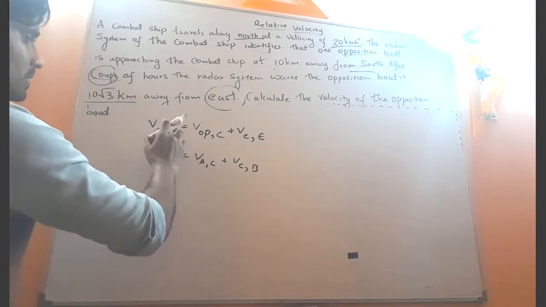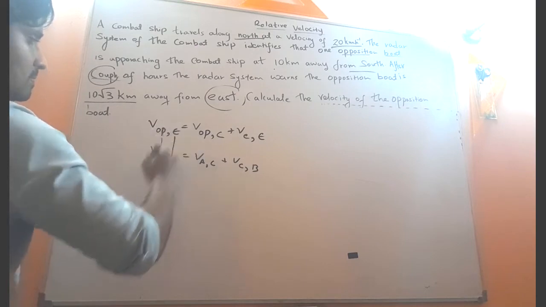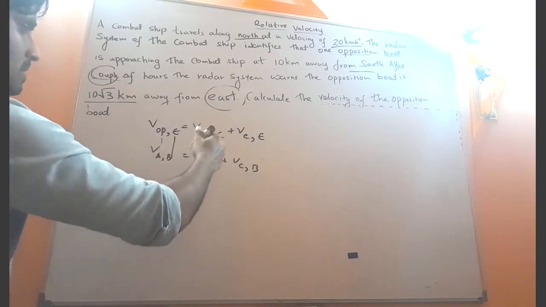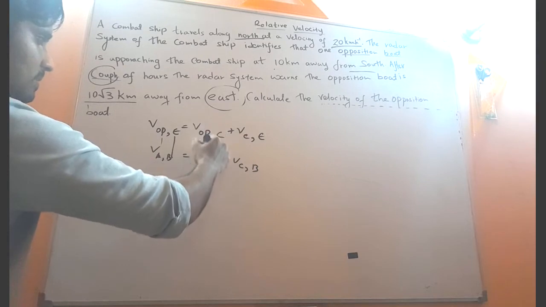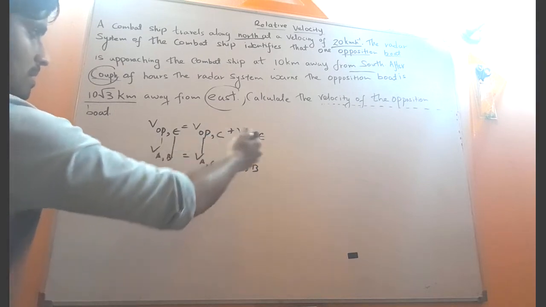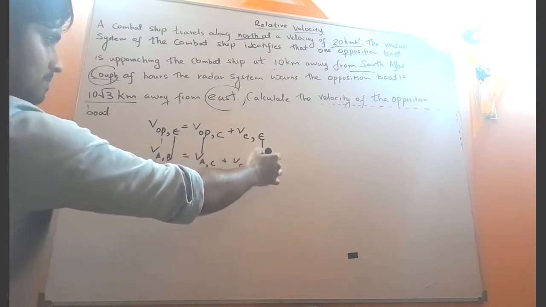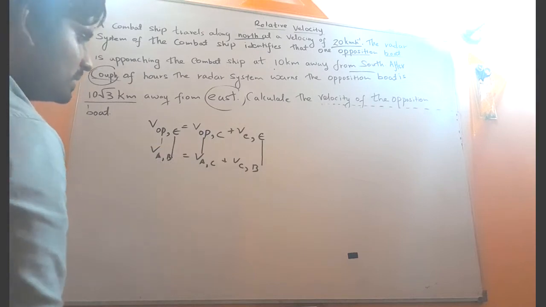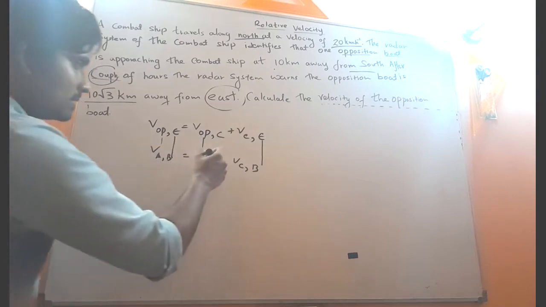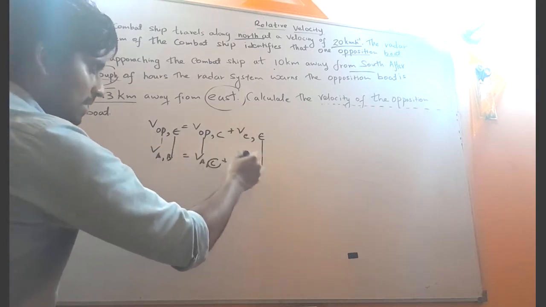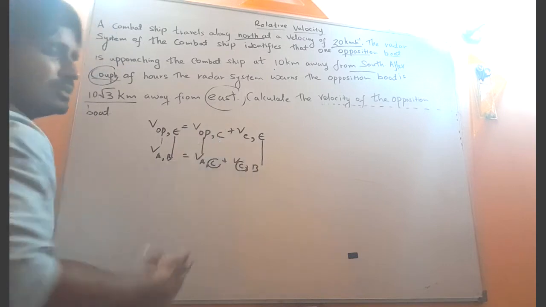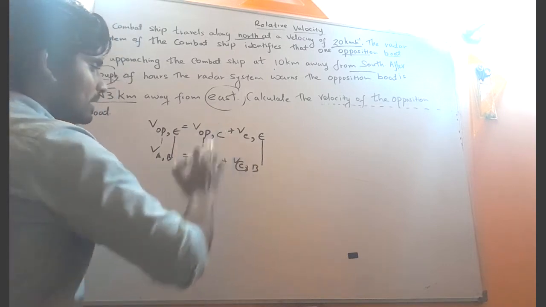Opposition boat, earth. So now what is that third element? The third element is C. Here C, in the actual scenario, is the combat ship.